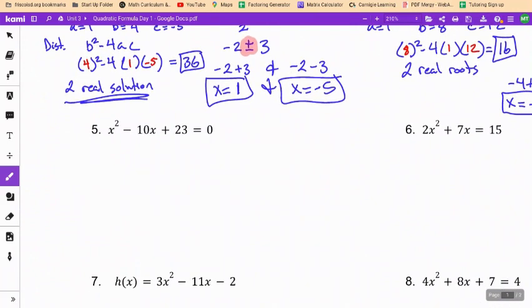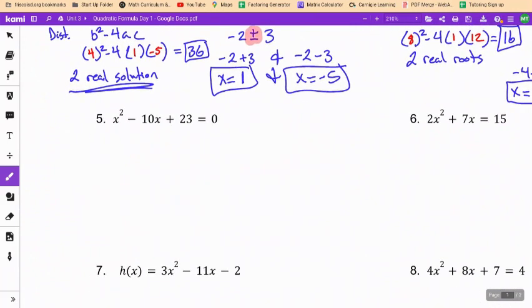And then number 5 is set up. I'll work two more, 5 and 8, and then I'll give you the answers for 6 and 7, and you can see if you can work it out to get those answers. So number 5, a is 1, b is negative 10, c is 23. This time I'm going to work it out just a little bit differently. I'll still find the discriminant, b squared minus 4ac.